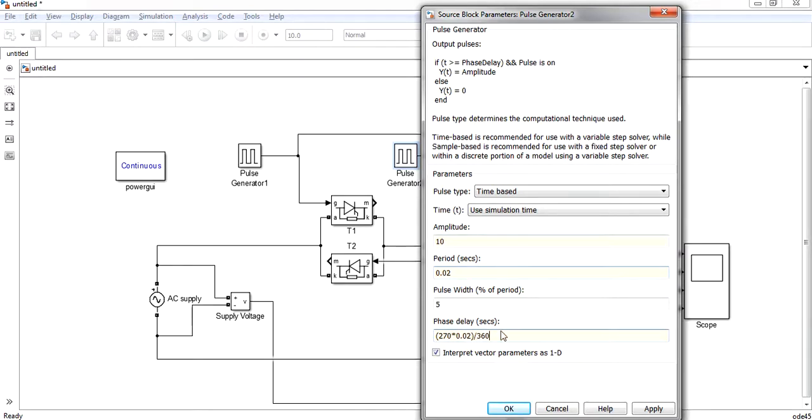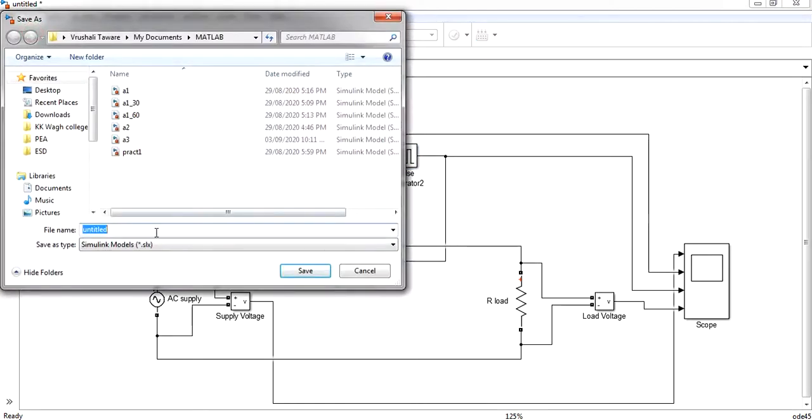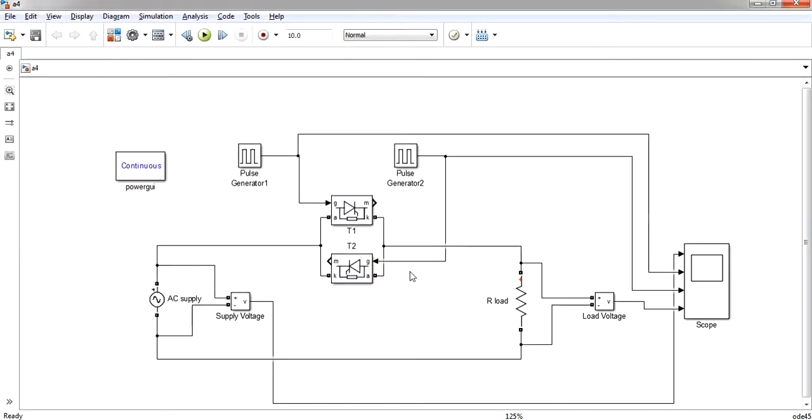So that will be your second phase delay. So after pi plus alpha you have triggered this second thyristor. Now let us save this practical. I am giving the name as A4. Now we have saved it and click on run.